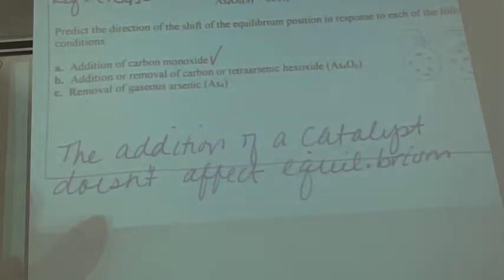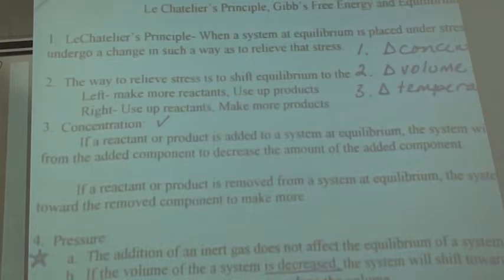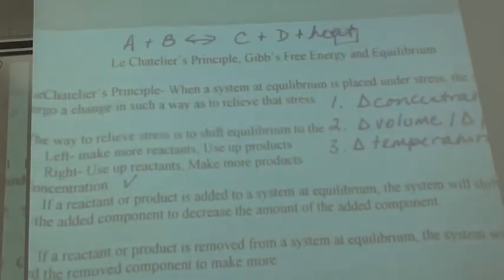You know why? Because it affects the forward and the reverse. Yep. Because it affects the forward and the reverse. It does not affect equilibrium, so there's no shift. Somebody says, oh, I added the catalyst, which way did equilibrium shift? It just speeds it up, say, right? Nope.